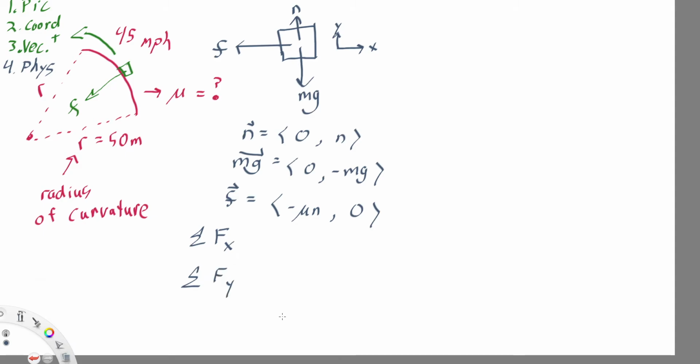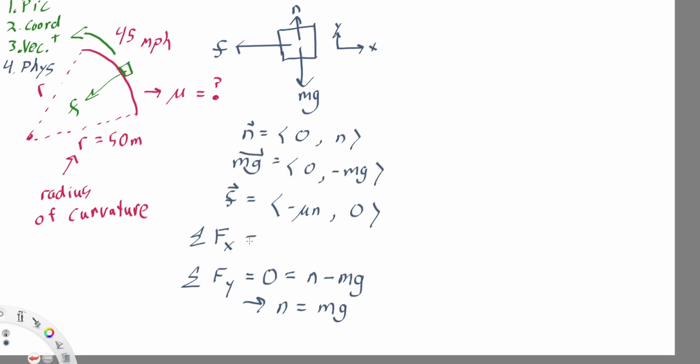All right, so the sum of forces in the y direction is the easy part. Our car is not sinking into the road or flying off the road, so we would very much like the net force in the y direction to be 0. So N and mg must cancel each other out, so the normal force must be equal to the weight in this case.